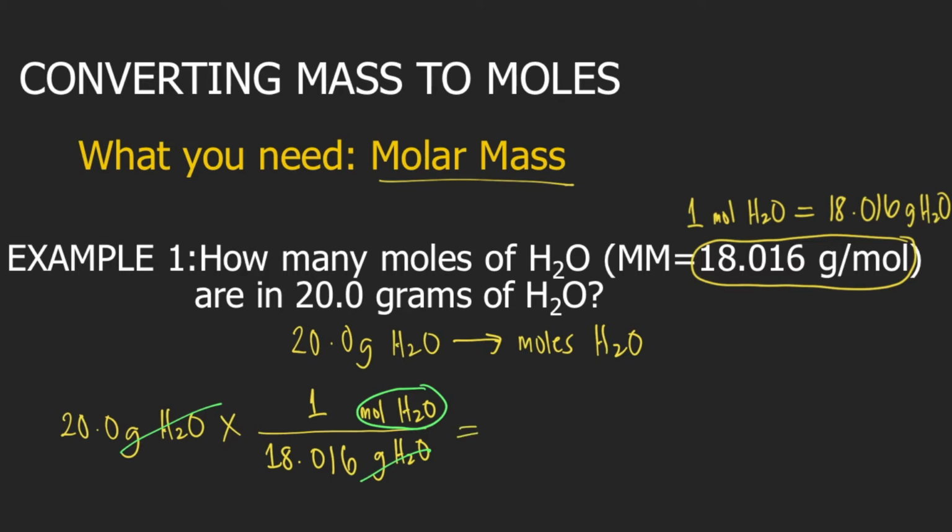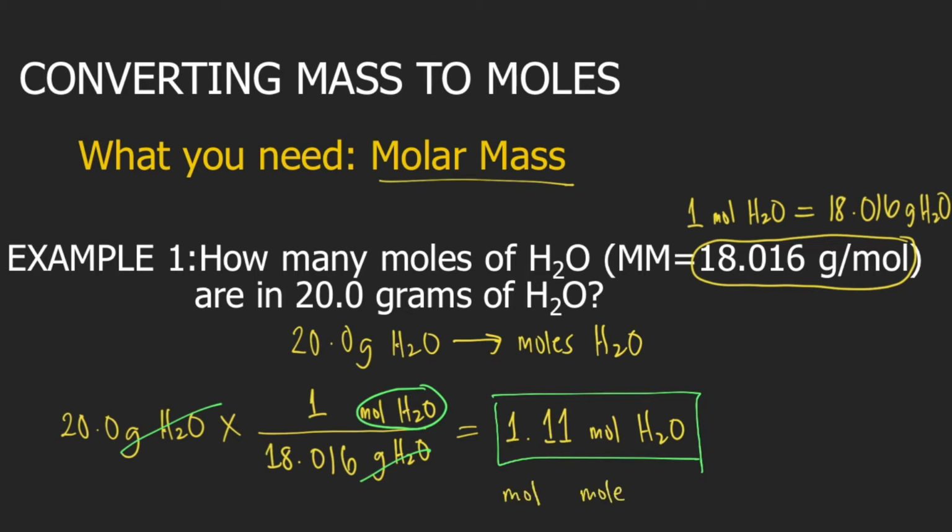And if you type this in your calculator, 20.0 times 1 divided by 18.016, this is approximately equal to 1.11 moles of water. Don't get confused when you see mole without E and mole with E. They just mean the same thing.